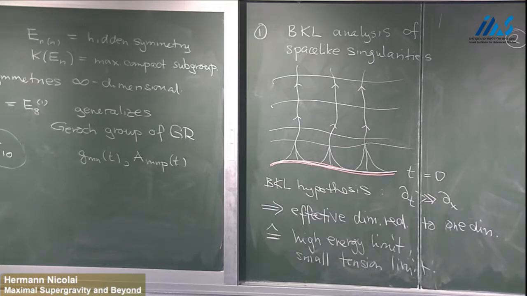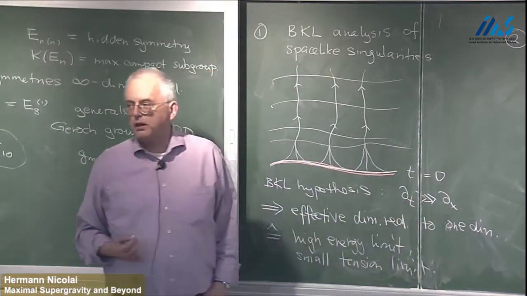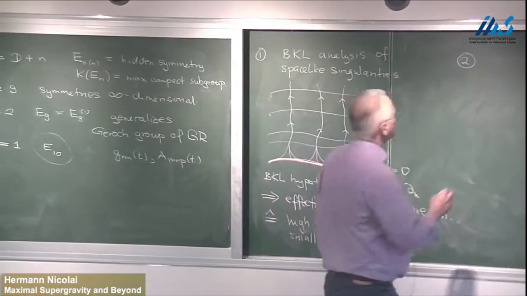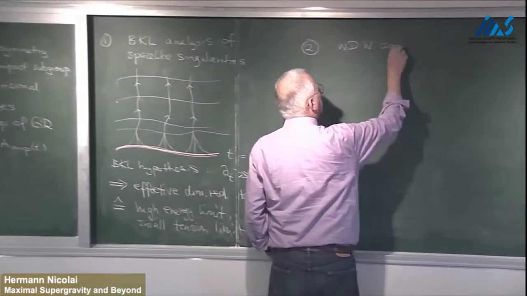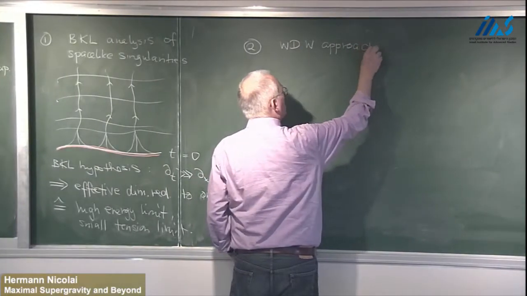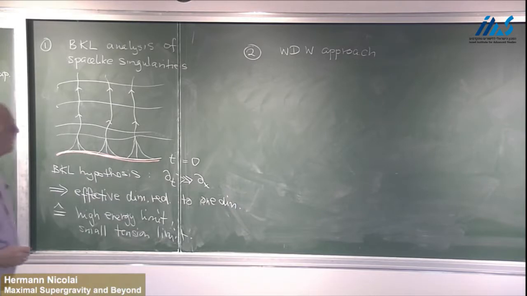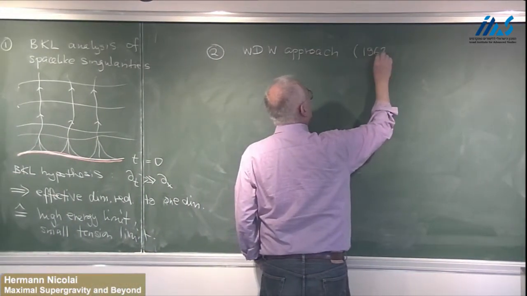goes back to the way people thought about canonical quantum gravity some 50 years ago, the Wheeler-DeWitt approach to quantum gravity. This is kind of old-fashioned, but we're reconnecting to this old story. This is 1962, roughly.